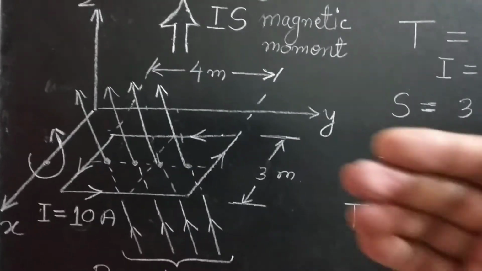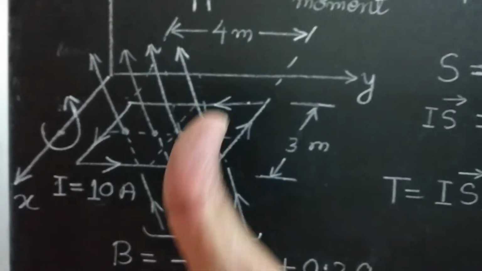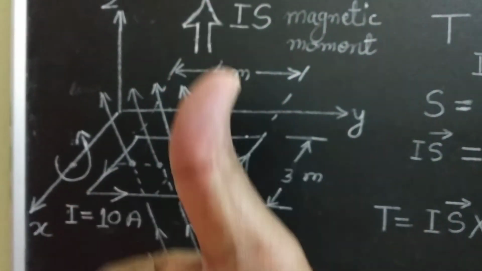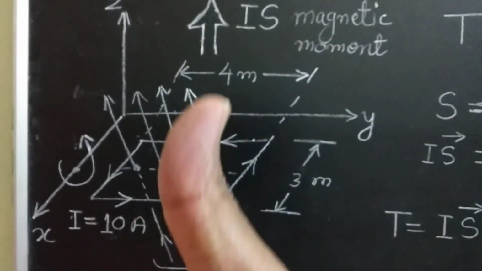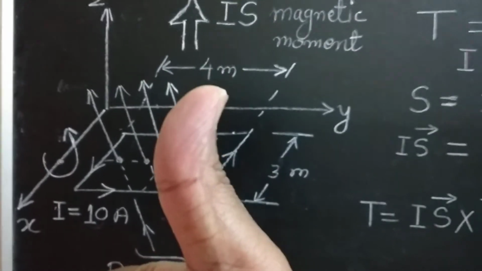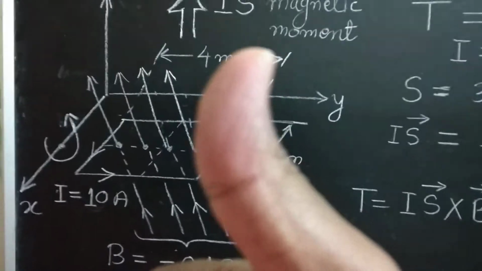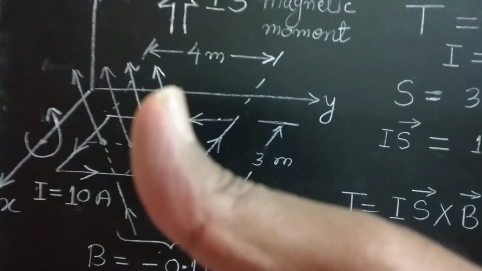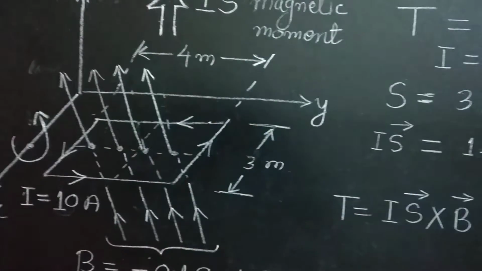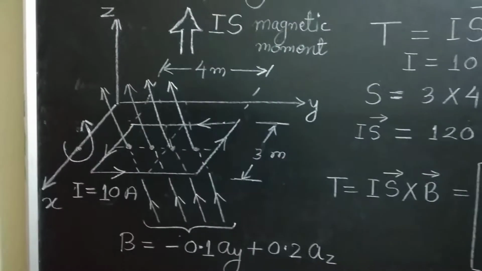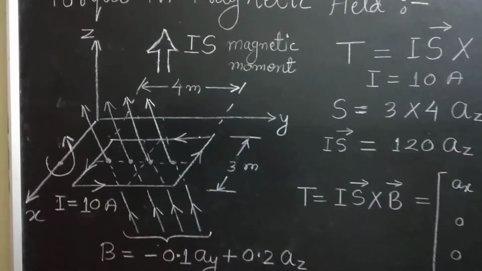Such that the magnetic field generated by this current, if you see this is the current flow, will be in the up direction. This upward magnetic field generated by the current flow in the coil will try to align with the existing magnetic field. This is the main thing which we have to understand.